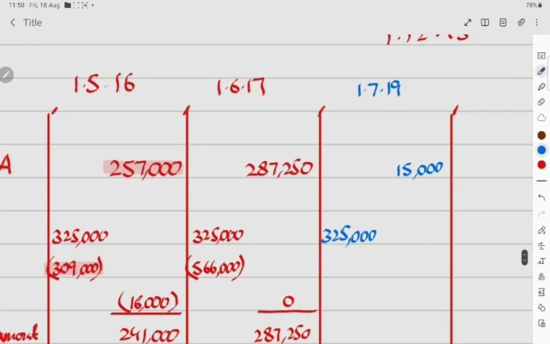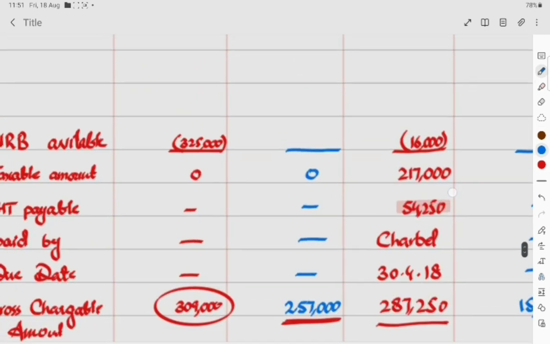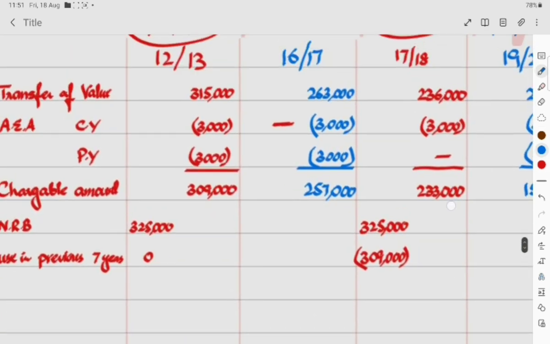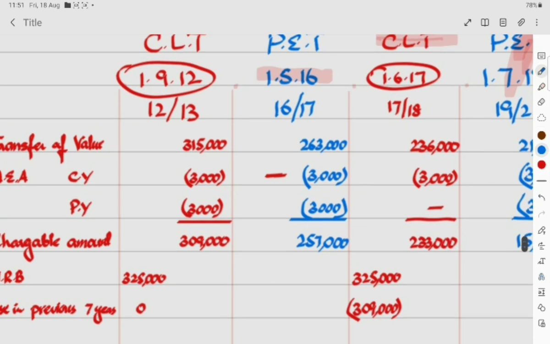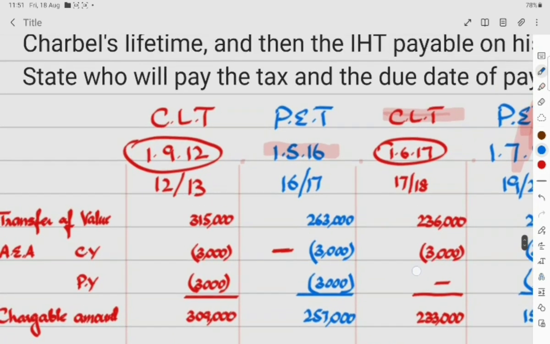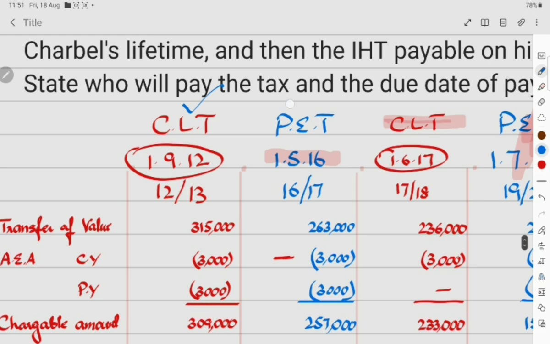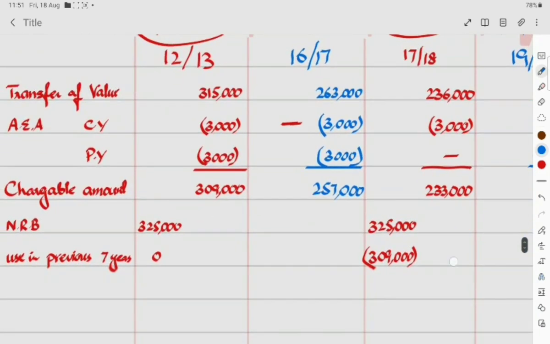In the previous 7 years, the nil rate band that has been utilized is, if the date of gift is 1st July 19, the previous 7 years, the date would be 1st July 12. 1st July 12 is the date from where we have to consider how much amount of nil rate band has been utilized. So this gift, and this gift, all three gifts, whatever amount of nil rate band has been utilized, we have to consider that.